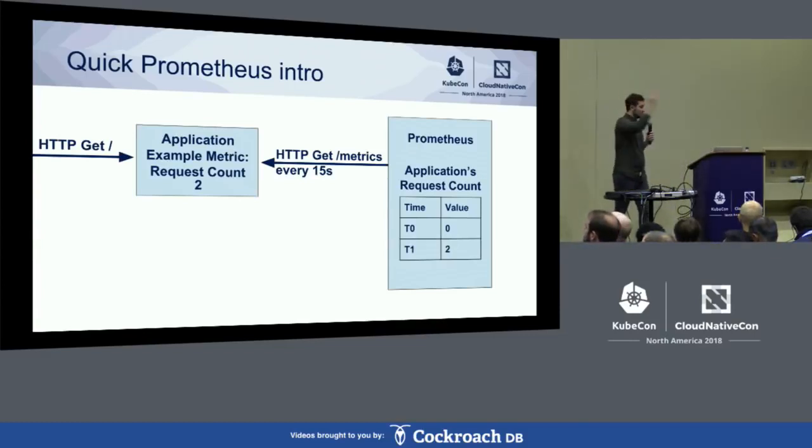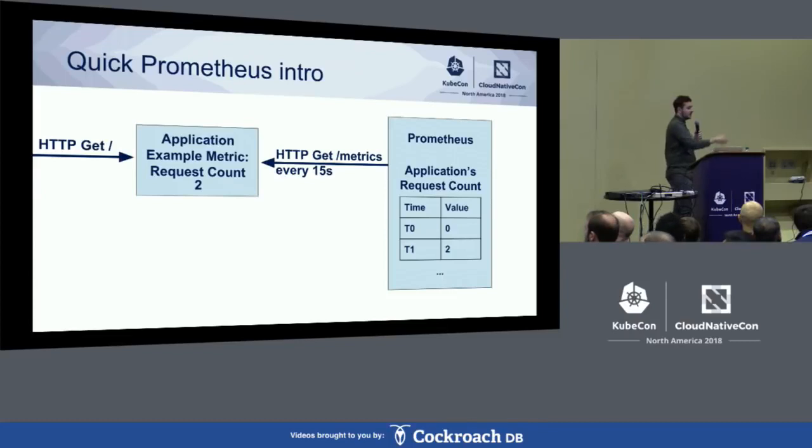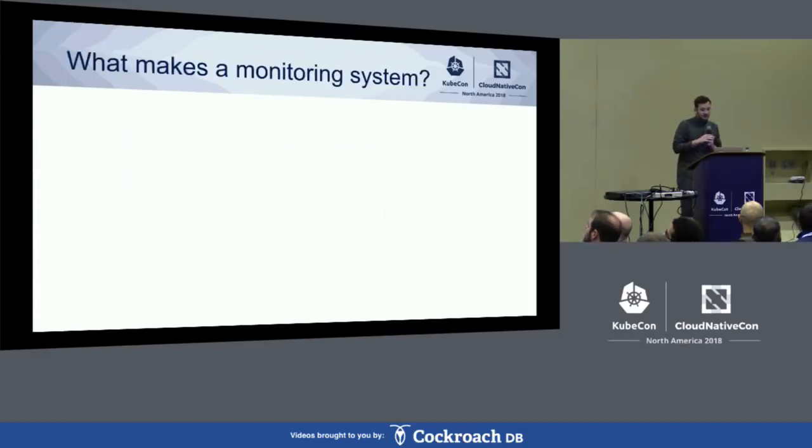And Prometheus just does this forever and eternity, and this is essentially the example of a single time series from one target. And we'll keep reiterating on this terminology to guide us through this talk, basically.